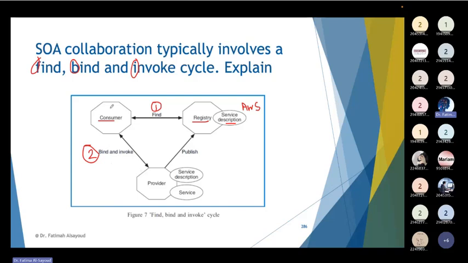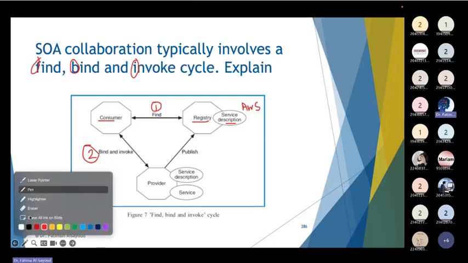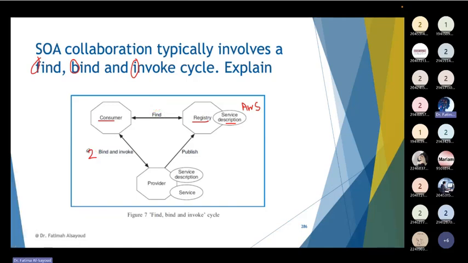Okay, what is the step before them, in fact? Before I go and search, before I search, the provider actually does something before I start searching. They publish descriptions and services. So I entered the website and did the steps I just explained, which is find and bind, then invoke.